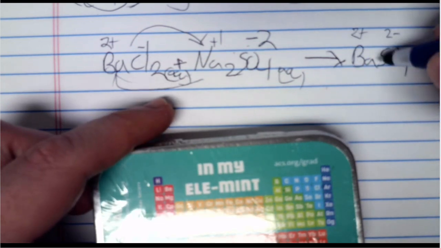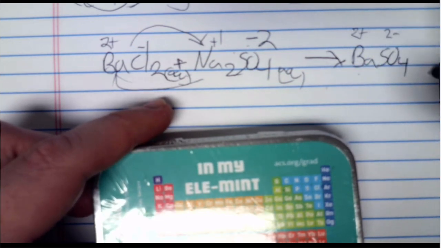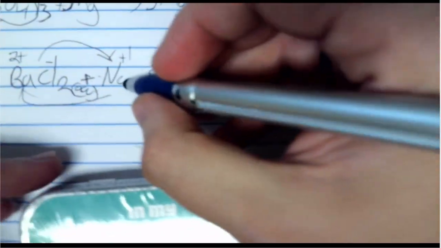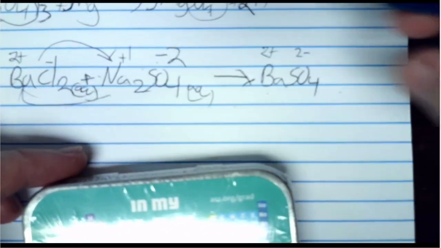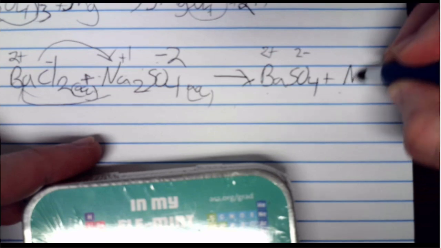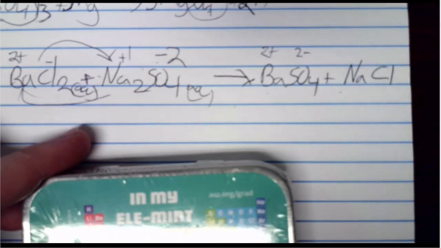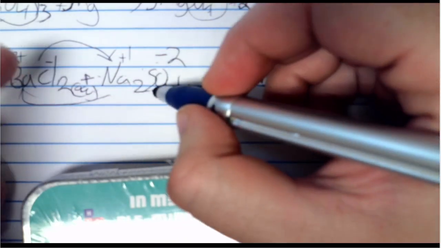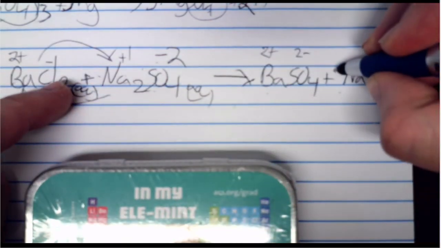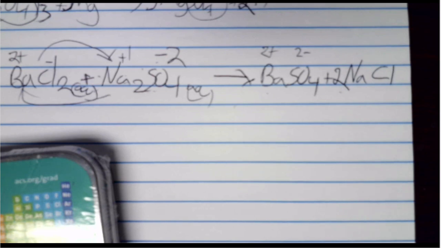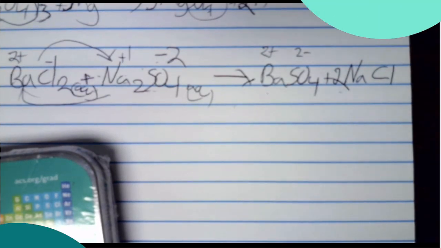Bring them down. Simplify 1 to 1. Na plus, Cl minus. It's not Na2Cl2, it's NaCl. However, there's 2 and 2, so I have to put 2 there. Don't forget our rules of charges.